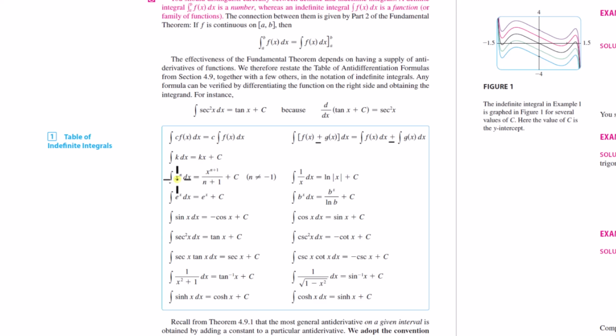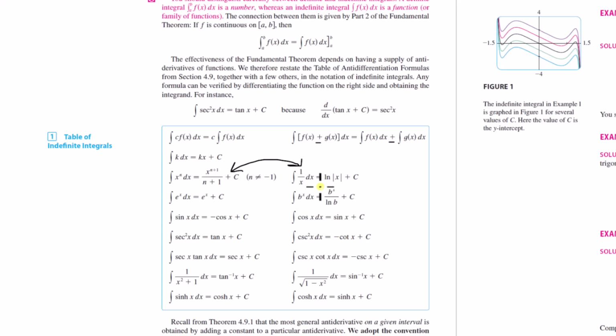It's the idea that when you're integrating x to some number, it's like the reverse power rule. And then also here's the integral of 1 over x, which is the natural log of the absolute value of x. In the previous video, I talk about these two integrals. I talk about why the integral of 1 over x is the natural log of the absolute value of x.